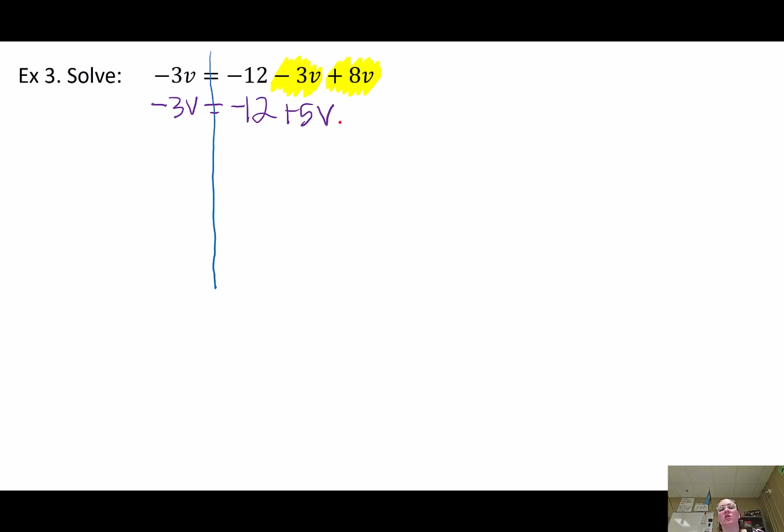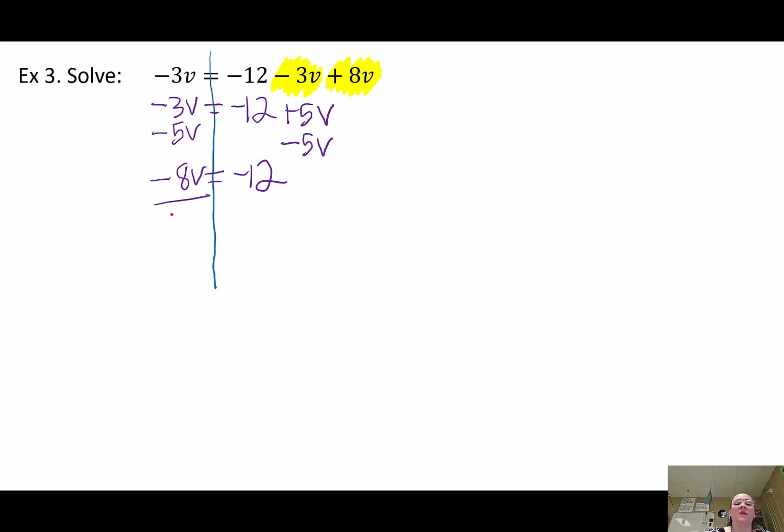And from here, it's just moving variables to the same side. Now, on this one, you do need to kind of watch. Since 3v is over there by itself, we don't want to move that to the right side. In this case, let's go ahead and move the 5v because it's got the 12 with it on the right side. So negative 3v minus 5v gives me a negative 8v equal to a negative 12.